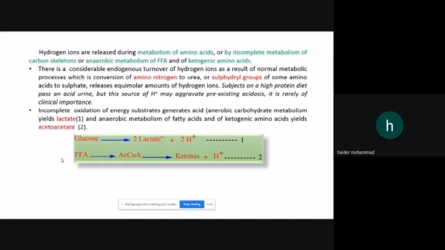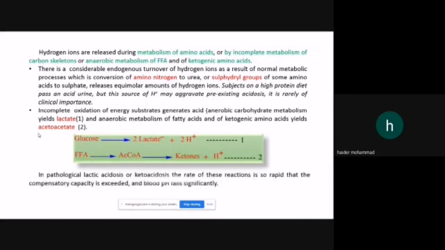When we are speaking about acid-base balance, that means we are speaking about the hydrogen ion concentration in the extracellular fluid and what the source of the hydrogen ion in the blood is. Of course, in the normal case, normal metabolic processes release hydrogen ions, but we have temporary removal of the hydrogen ion, which we will explain.